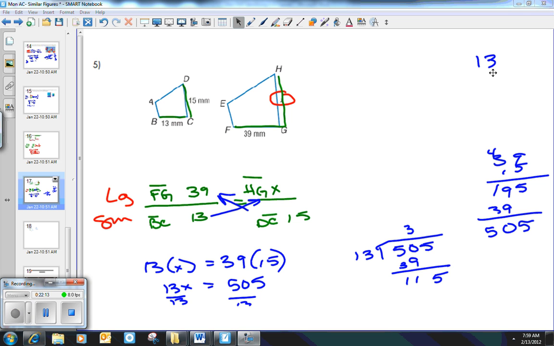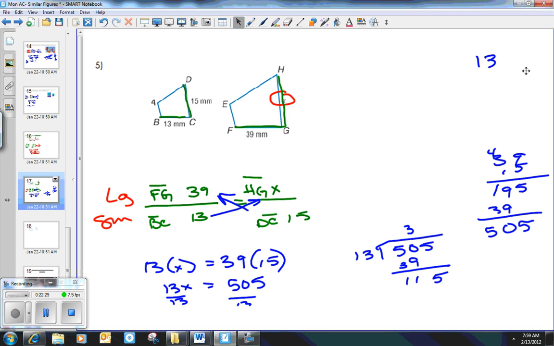So let's try 9, 8. 10 would be 130. So let's try 9. Oop. That'd be 117. So 8. Let's try 8. That's 104.